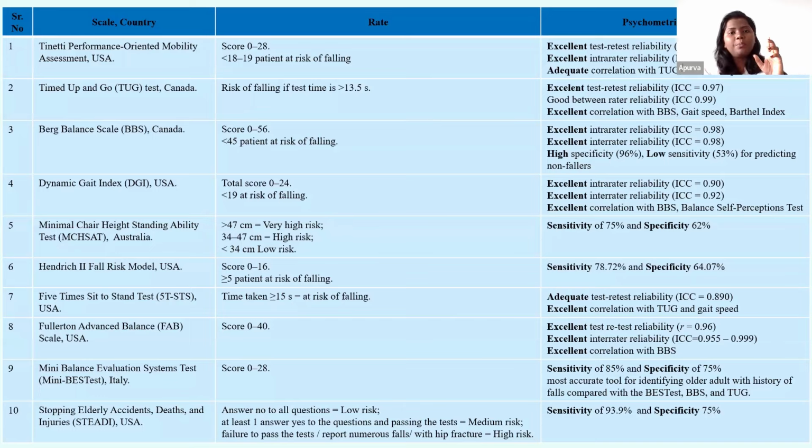This is still not predicting fall, but identifying older adults with a previous history of fall, and it correlates very well with your original BESTest, the Berg Balance Scale and your Timed Up and Go scale. And you have your STEADY, which again has good sensitivity and good specificity.